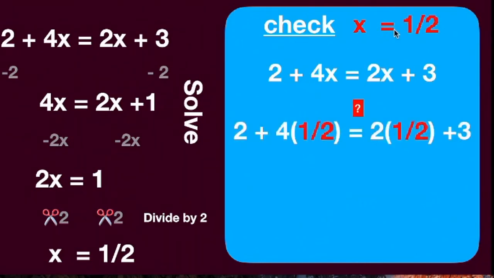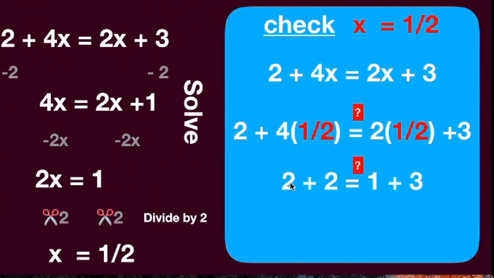Just replace x by the value that you got in your answer, half. Do your calculation on each side in parallel at the same time. So you're going to multiply first. Be careful, don't add, because we multiply before we add. So multiply 4 by 1 over 2. And here, multiply 2 by 1 over 2.